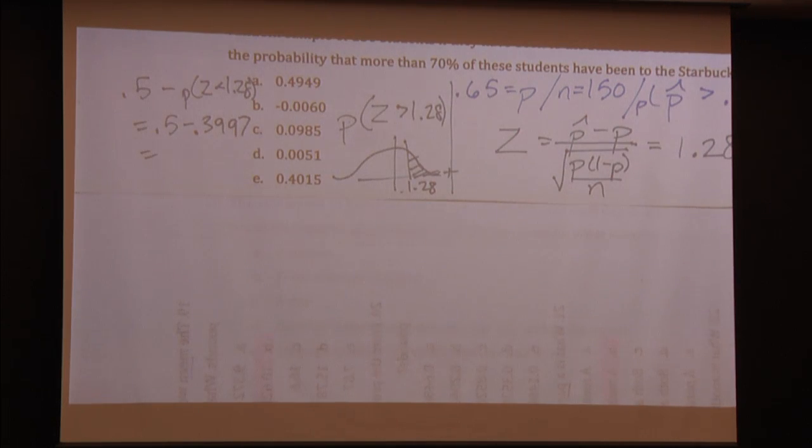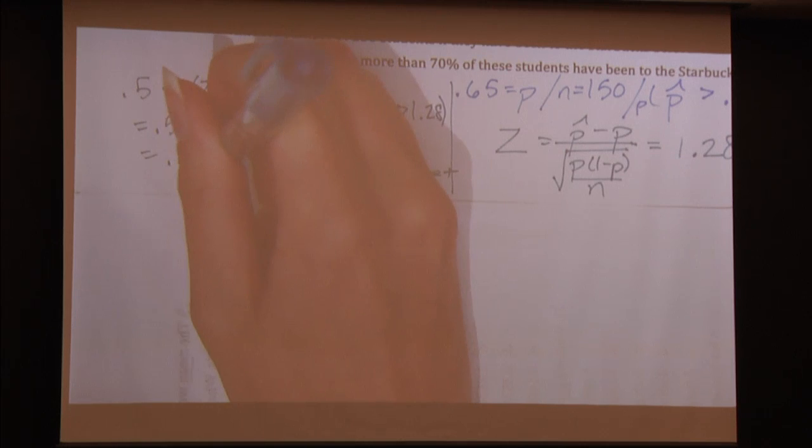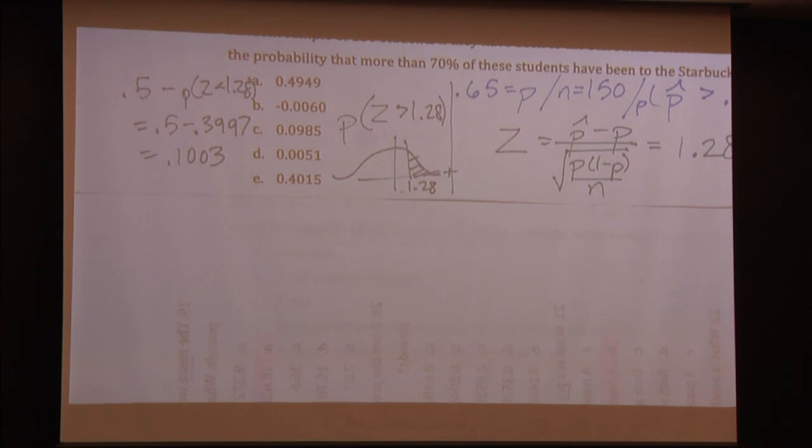And what do you get? So I think I heard 0.1003. Okay. I think when I was writing these answer options, I made a slight rounding error somewhere, which is strange.